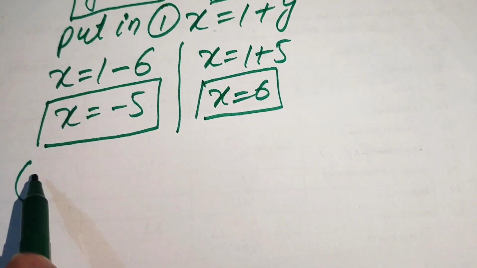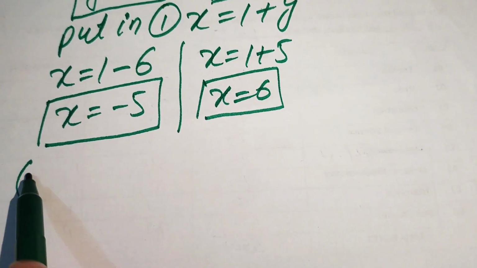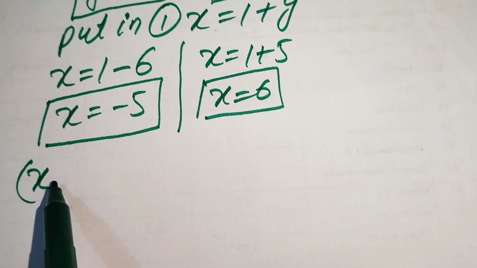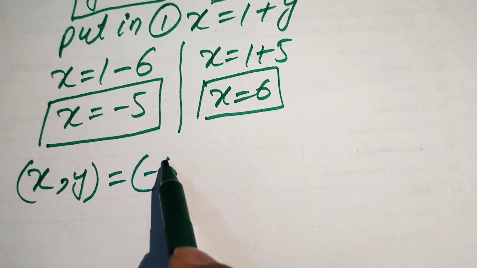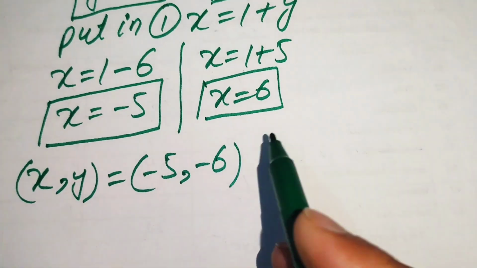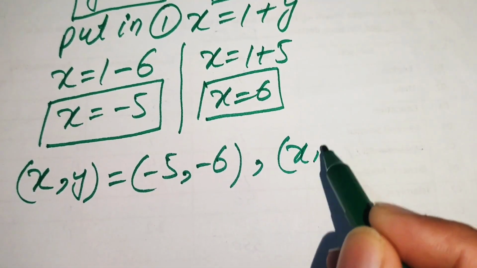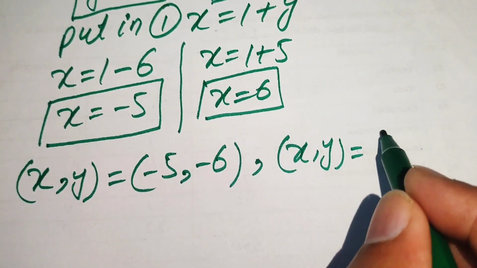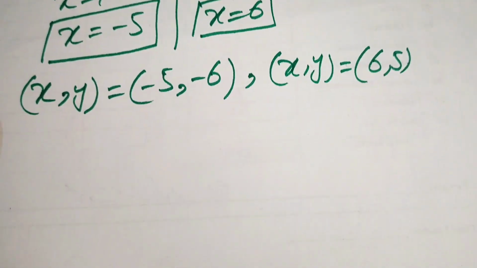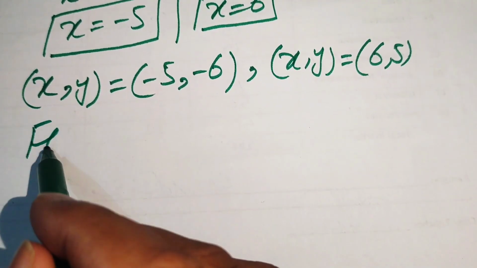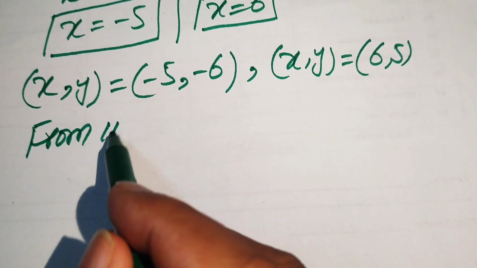So here you get the two solutions of the given equation: x, y equals to minus 5 and minus 6, and the second solution is x, y equals to 6 and 5. So these are the two solutions which we get from case number 1, and now we move towards case number 2.